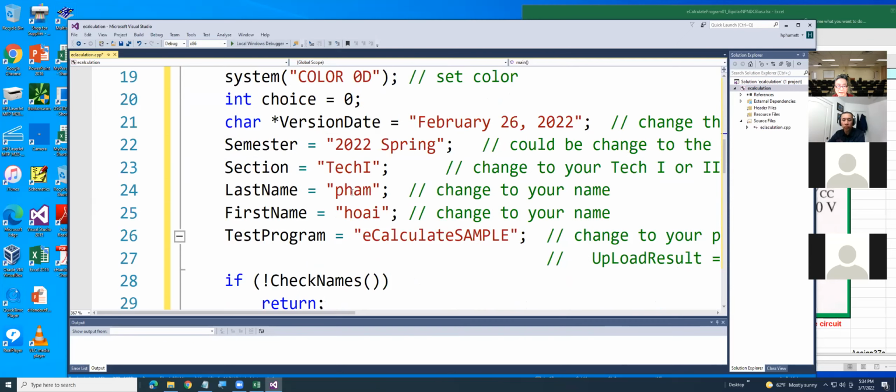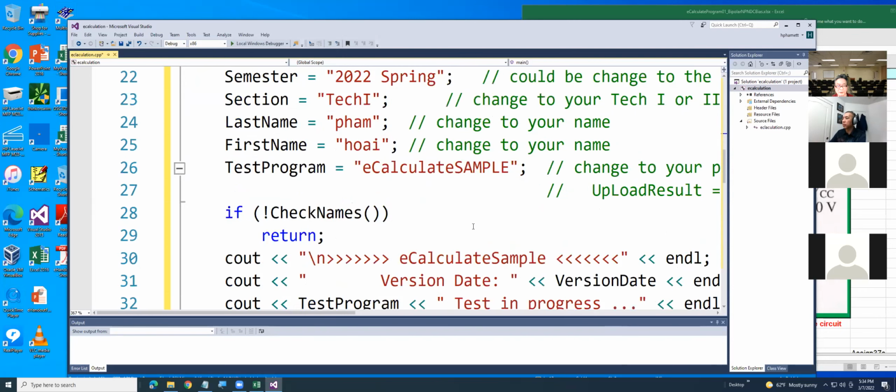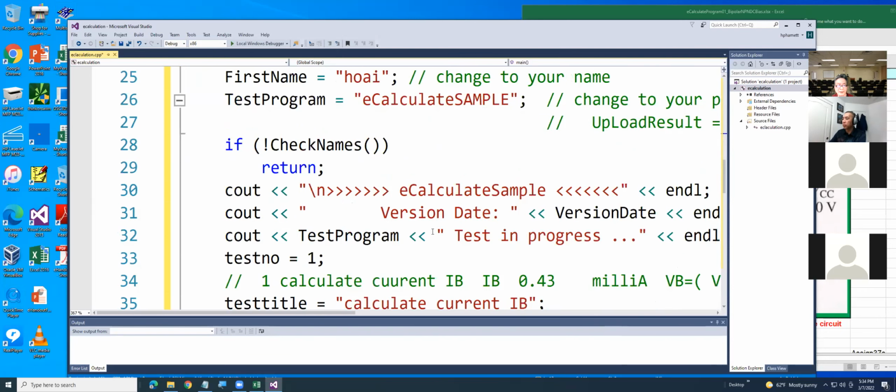Type in and change the last name and change your first name. Okay, that program will be calculate sample. That means whatever the program name. Okay, and that one, do not do anything. You start with the tab number 1.